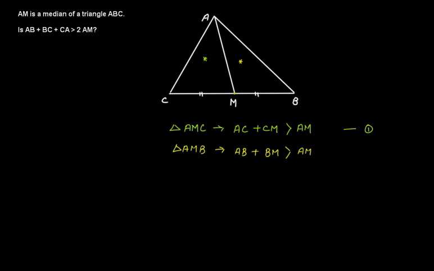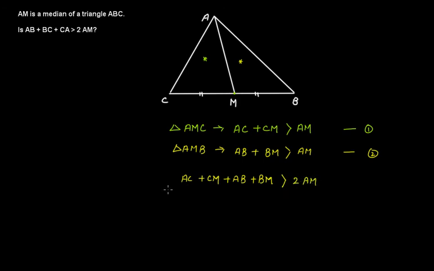This is the second thing. So if I add these two, AC plus CM plus AB plus BM will be greater than 2AM.